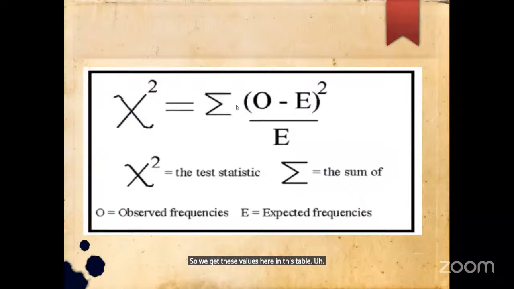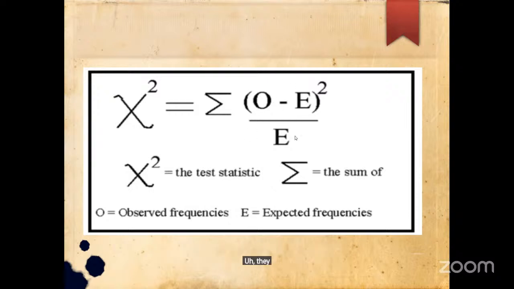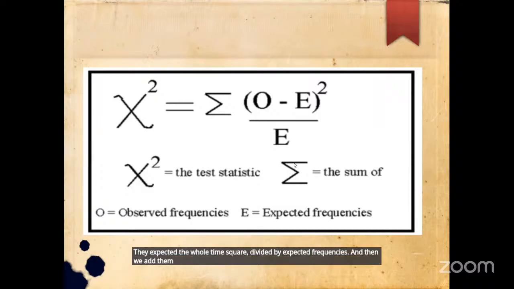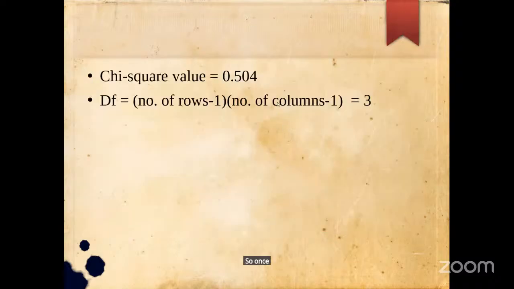After that, we use this formula to calculate the test statistic. The chi-square is equal to the sum, sigma, of observed minus expected, the whole squared, divided by the expected frequencies. Then we add them all together to get the test statistic. Once we do that manually, we get a chi-square value of 0.504.